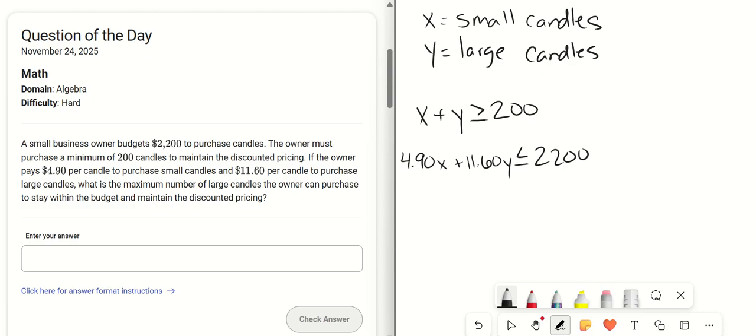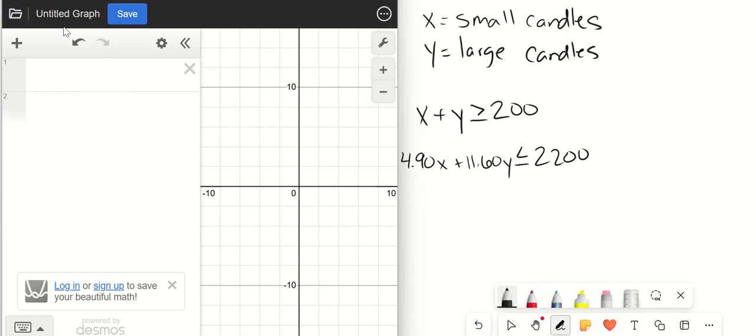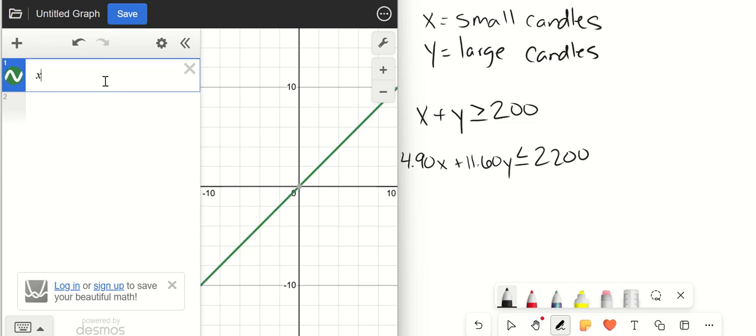Now we could go over solving it by substitution or elimination, but why don't we just graph it and see if we can find the correct solution by graphing it. So we're going to pull up our Desmos graphing calculator. We're going to type in both of our inequalities.